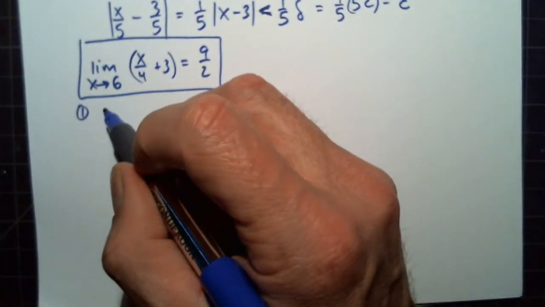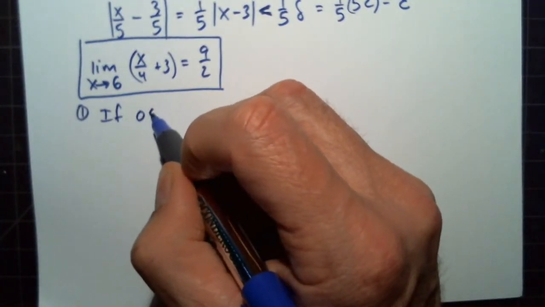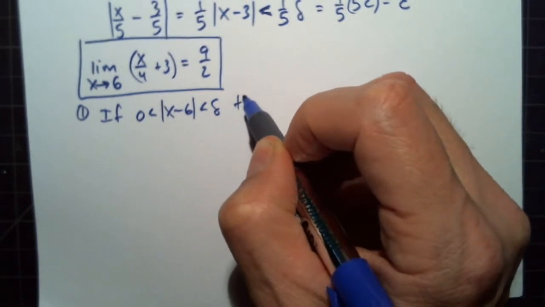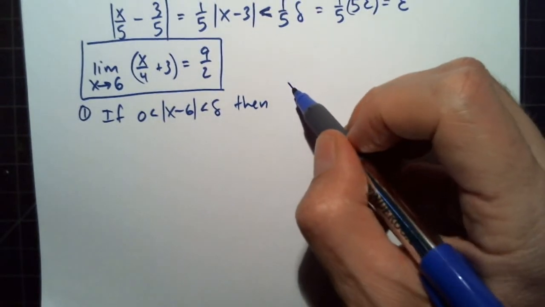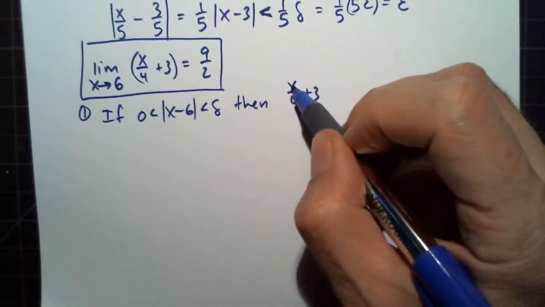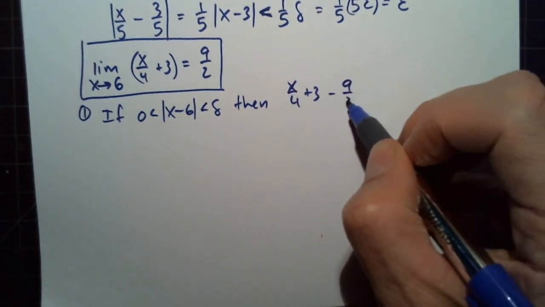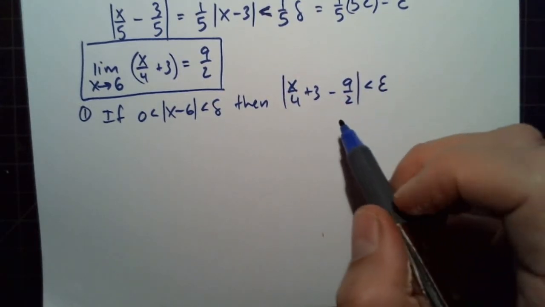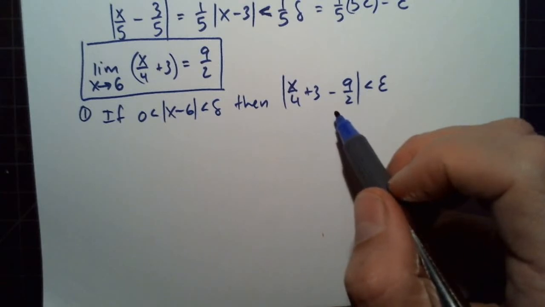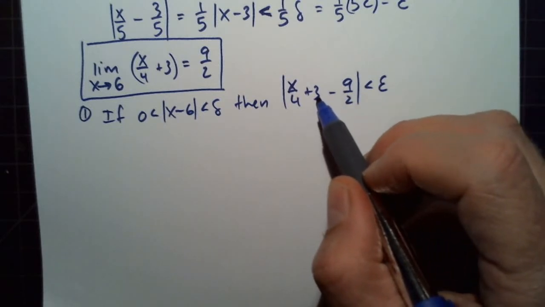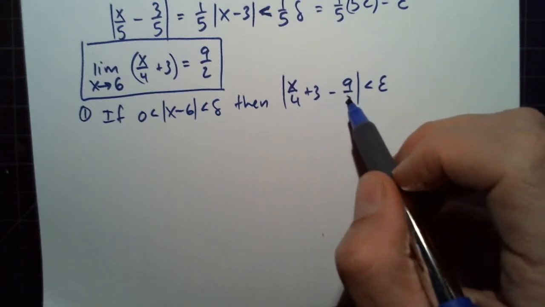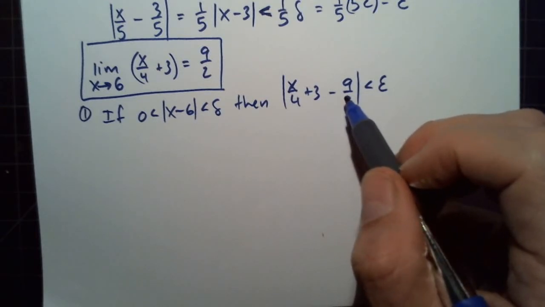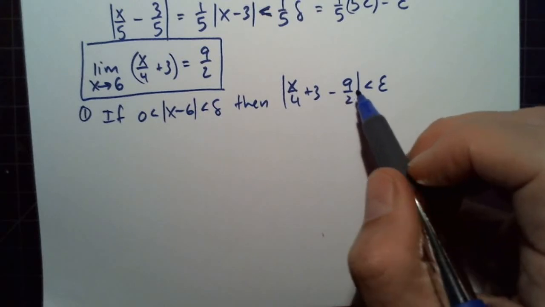So we start by saying if 0 < |x - 6| < delta, then |f(x) - L| is less than epsilon. And here we'll have to combine. This is a 6 over 2 minus 9 over 2, so let's make it a 4.